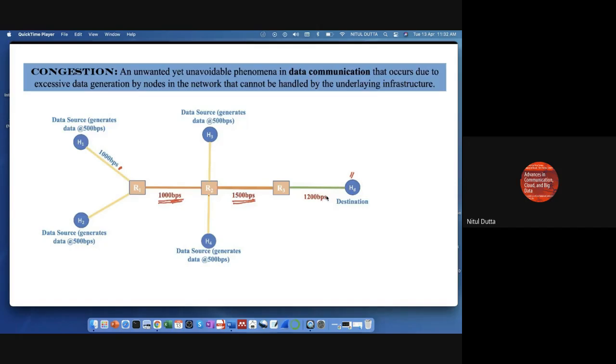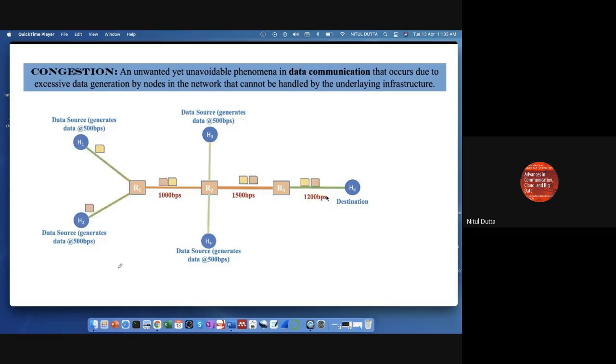The connection between R3 and the destination host is 1200 bits per second. The rate of data generation for all the sources is considered as 500 bits per second. With that network topology, we will see how the congestion occurs.